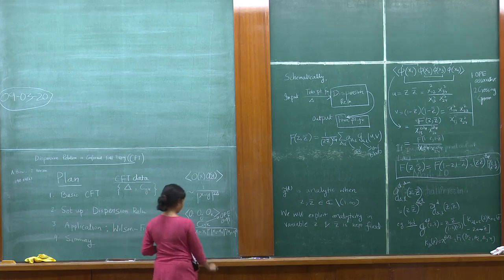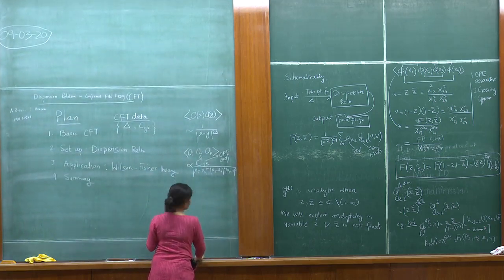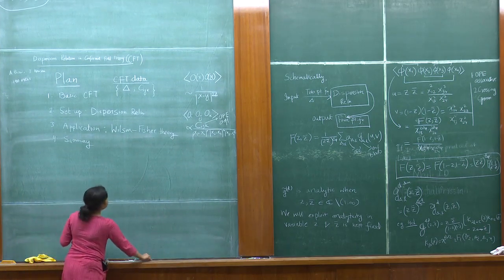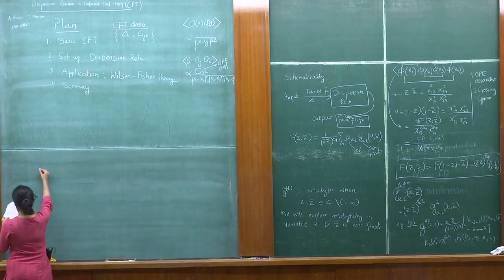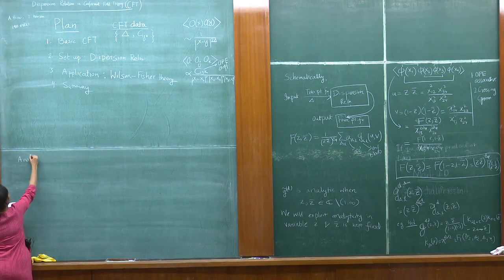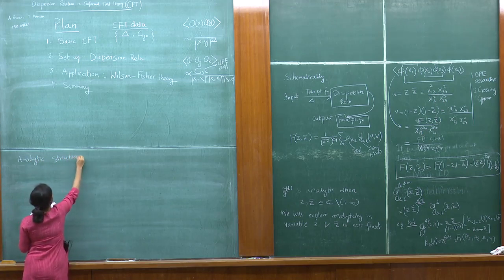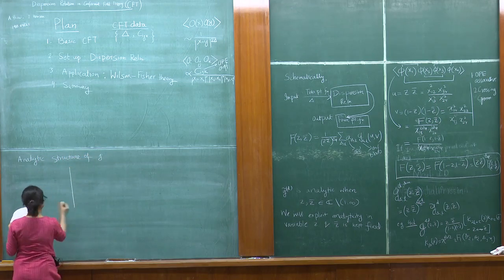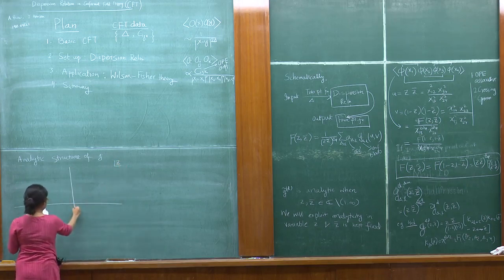So, the analytic structure of G. This is the z plane, and this is 0, this is 1.